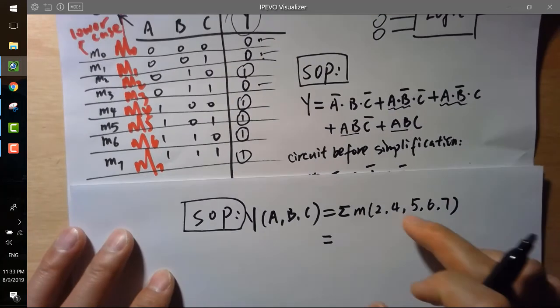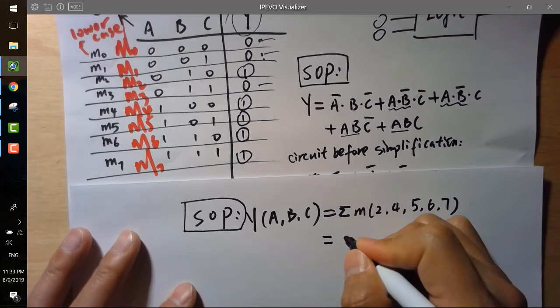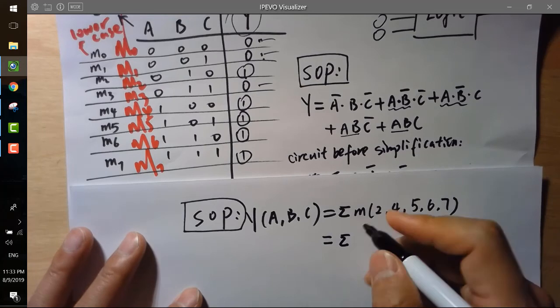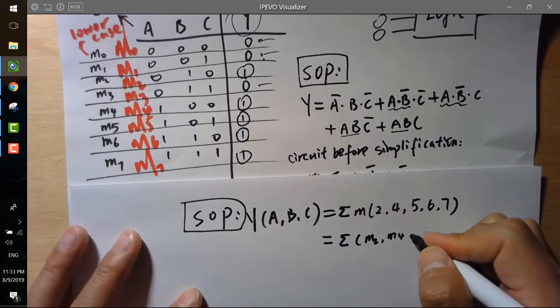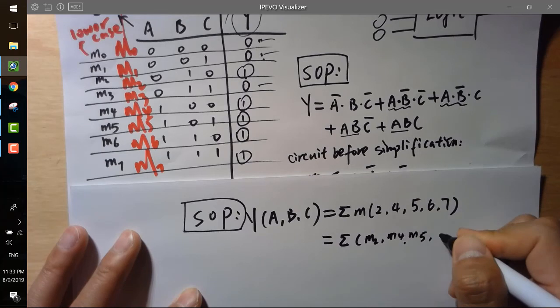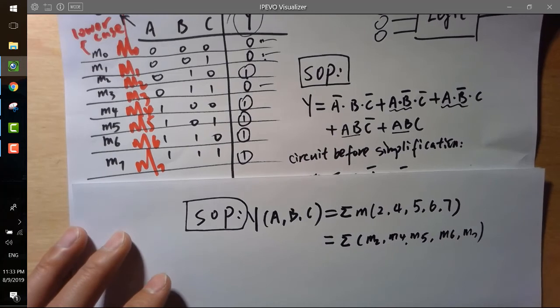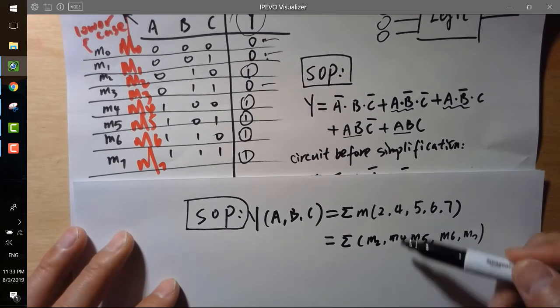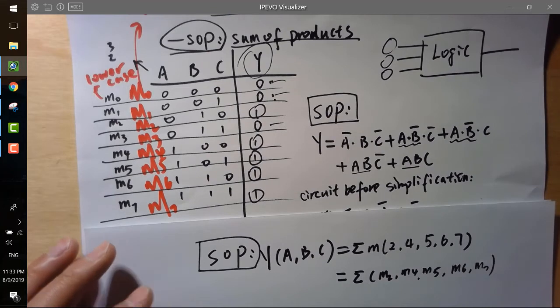That's one form you can use. And the same thing, you can also write as a summation of M2, M4, M5, M6, M7. Either way, you'll probably see these two ways at the same time, but they are doing the same job.